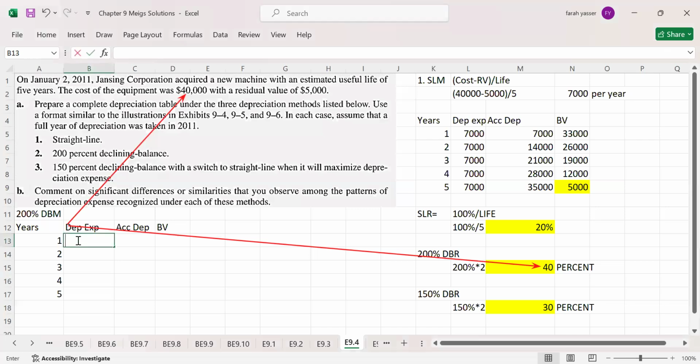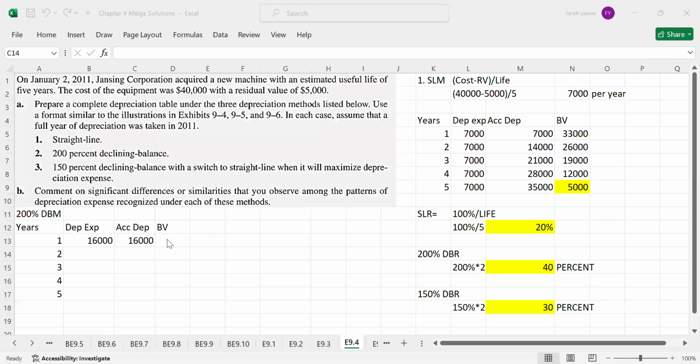So 40,000 multiplied by 40% gives depreciation of 16,000, and accumulated depreciation is also 16,000 because we do not have any previous value. How do you calculate book value? The formula of book value is cost minus accumulated depreciation, which is 16,000. So this is the book value.